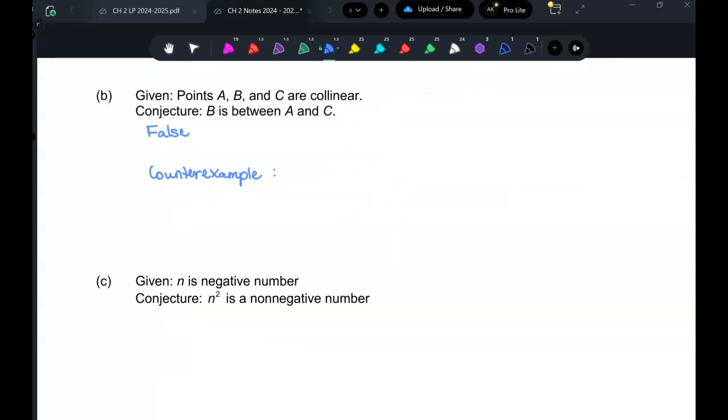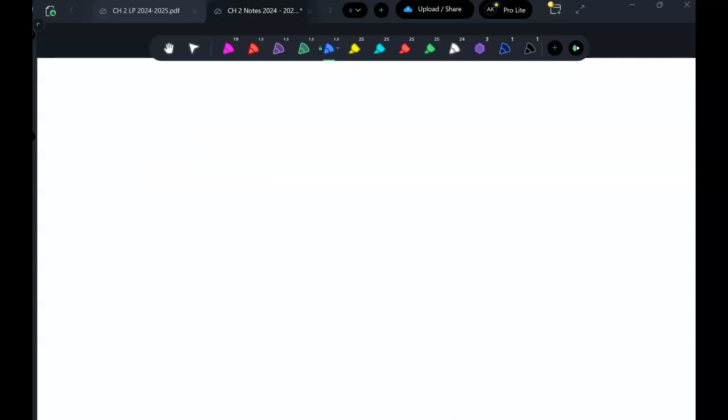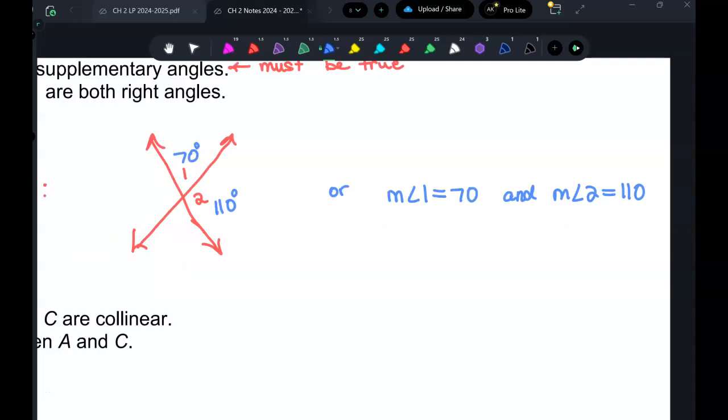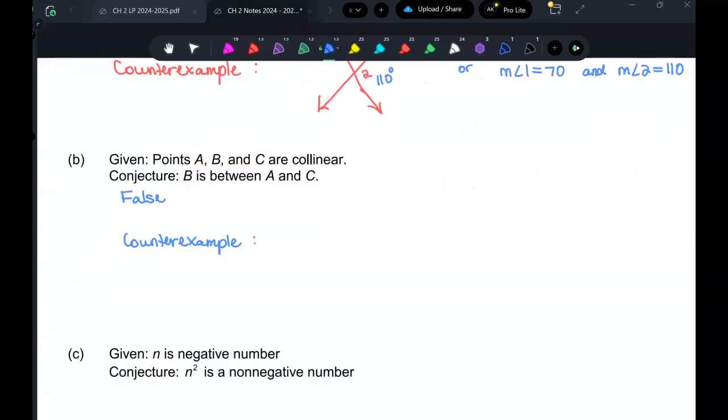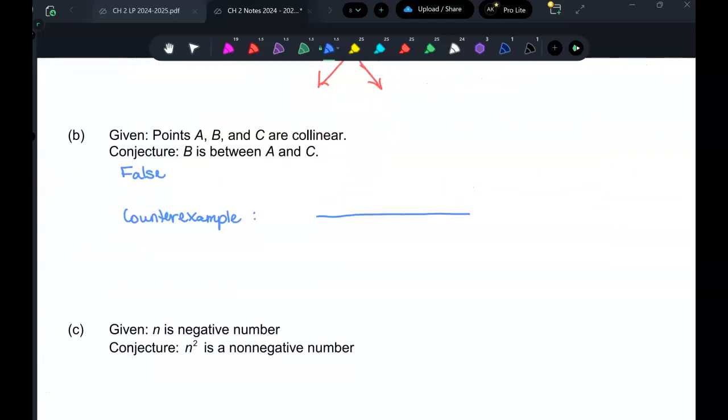Okay, now the counterexample here would be, I want to make the first part true. So I am going to make a line segment, and I want them all to be collinear. Now you can make it a segment or you can extend the line. That really makes no difference.